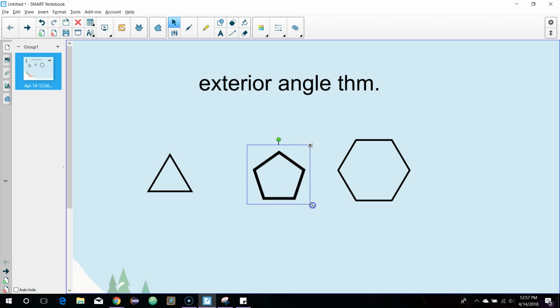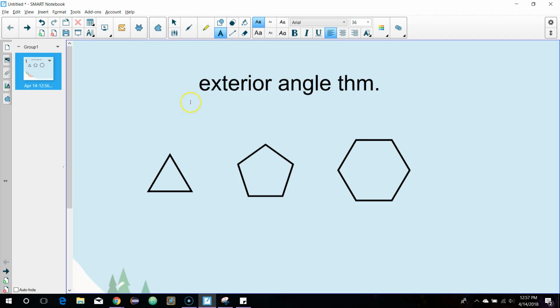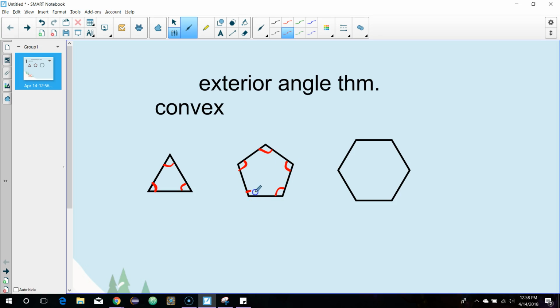Okay. For all of these polygons, furthermore, I should tell you this term: convex polygon. Convex basically means each of the individual angles is less than 180 degrees. So something like this, all these angles are less than 180 degrees. So we normally focus on this group, and in particular, we are focusing on regular polygons.